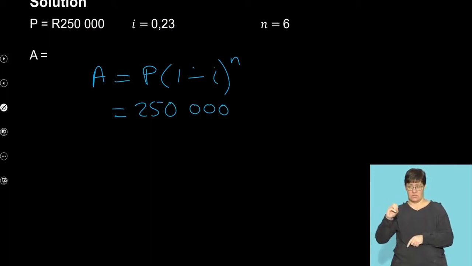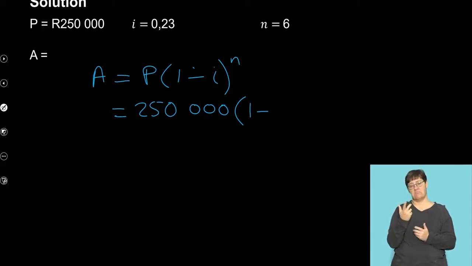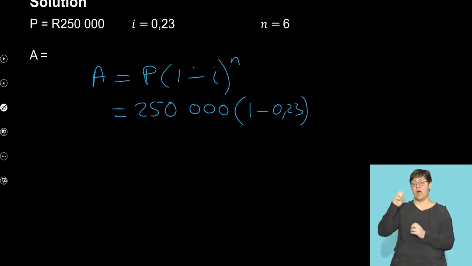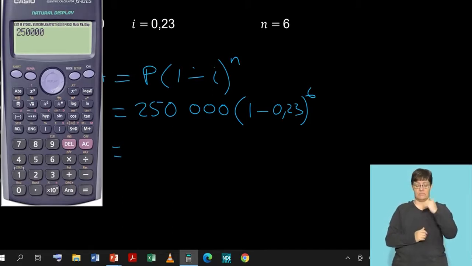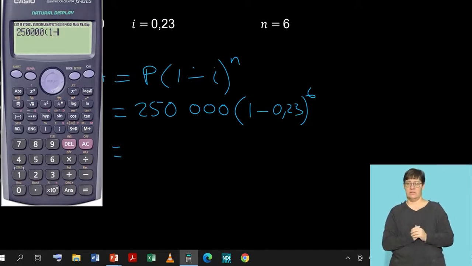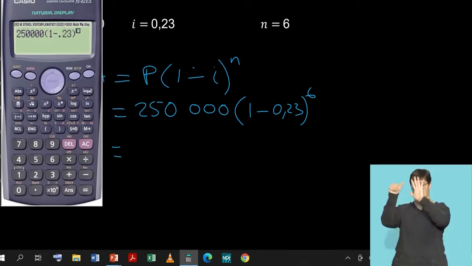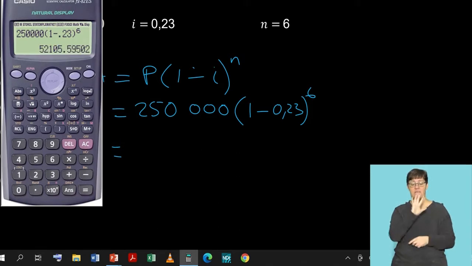250,000 into 1 minus, the i here will be the rate of depreciation, which is 0.23, and this is for 6 years. And therefore, you just go straight to your calculator, and this will be 250,000 into 1 minus 0.23, all raised to the exponent of 6, and this will give me 52,105.